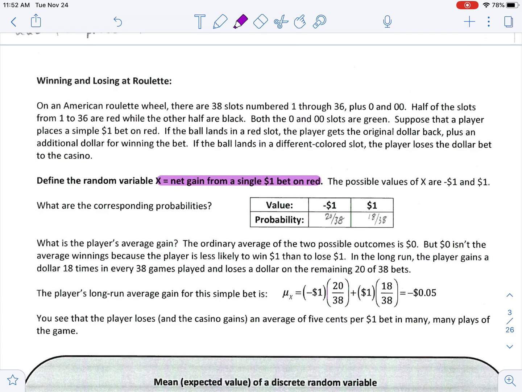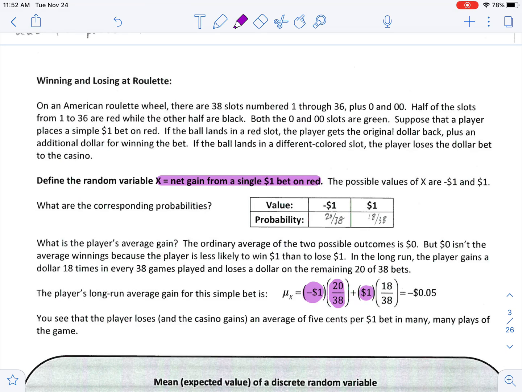Okay? So here's how we figure out how much you are likely to win in the long run. Again, you could play 20 times in a row and win 20 times in a row, and you're damn lucky. Okay? But in the long run, which is what probability is, we expect to lose. Here's why. We expect to lose $1 20/38 of the time. Okay?